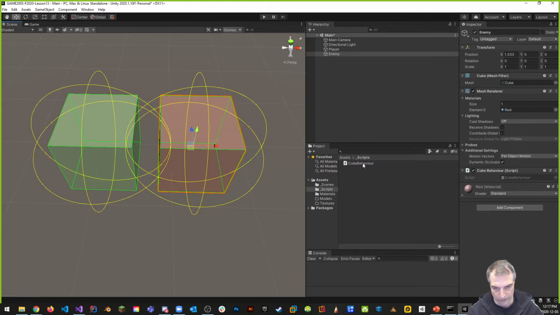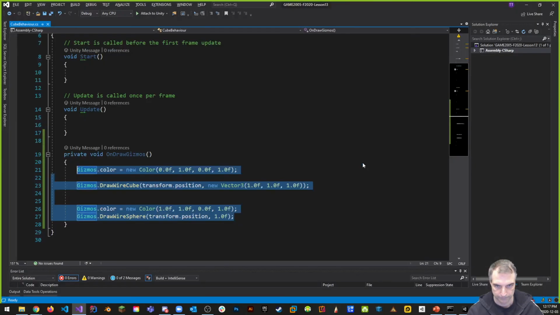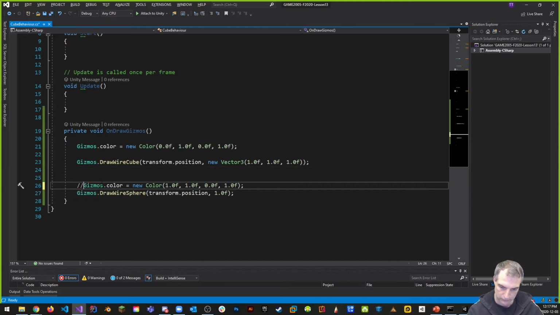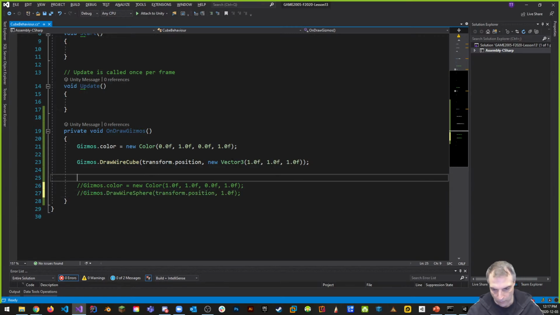Let's go back into my CubeBehavior for a second. Let's get rid of this stuff altogether. I don't want a sphere, I'm just going to comment it out. One thing we notice is the color I've chosen.